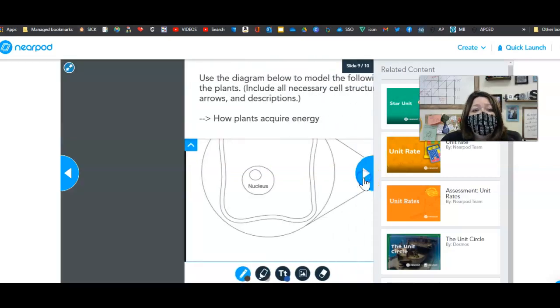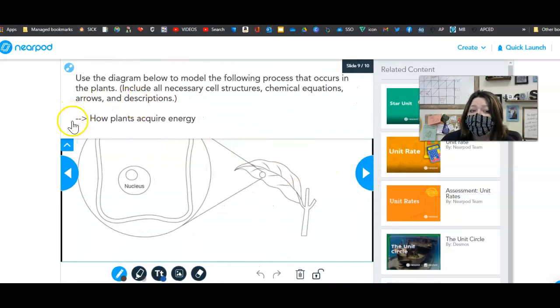Okay. This next one is all about how plants acquire energy. Now, a lot of people drew a sun shining on the plant and that was it. That's the kind of answer I would expect from my sixth graders, not from pre-AP biology students, especially after we just spent a whole unit talking about the complex processes that happen at the cellular level. What organelles have we been talking about?